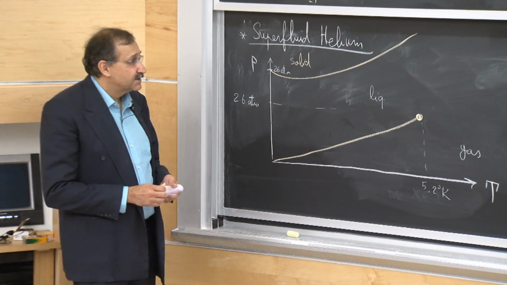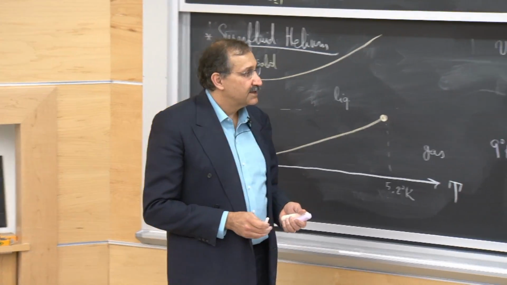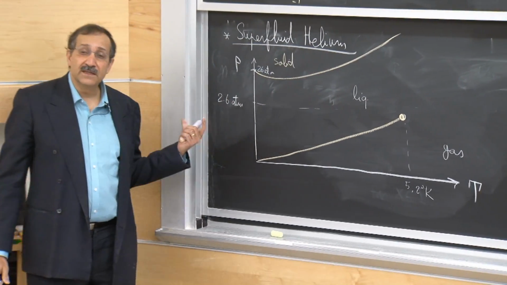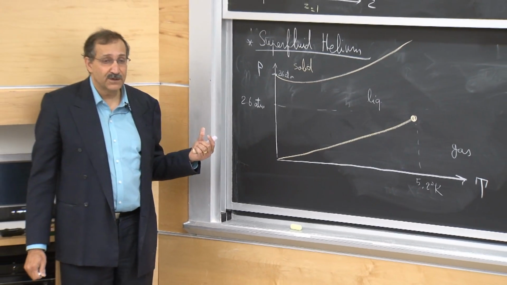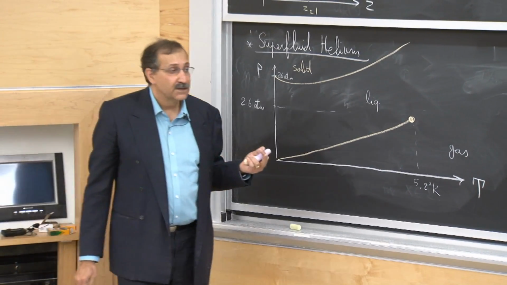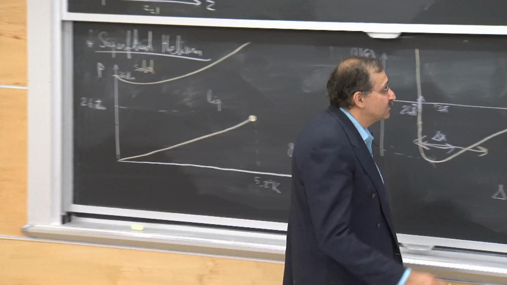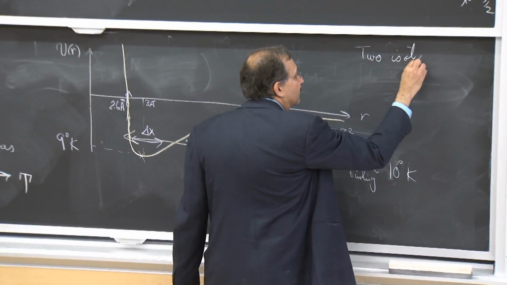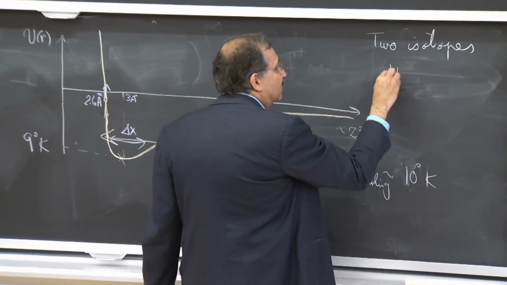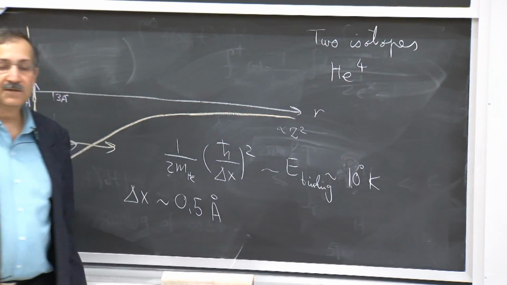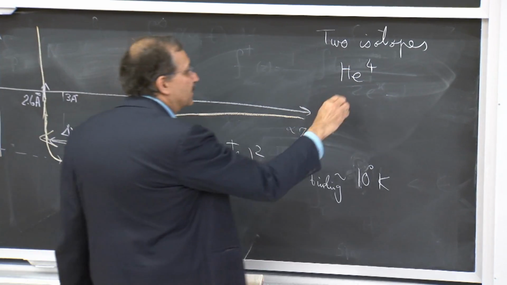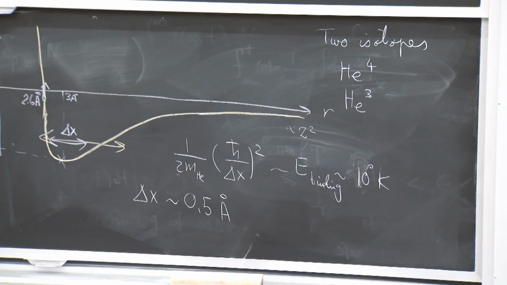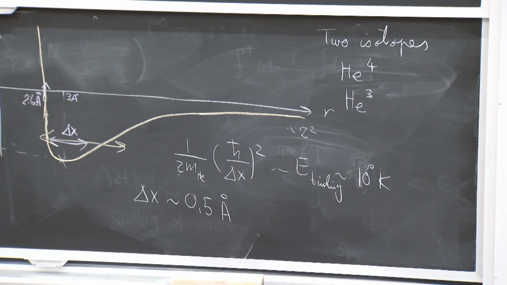And actually, it is interesting that helium provides us not only with one liquid that persists all the way to 0 temperature, but 2 liquids, because helium has 2 isotopes. There's helium-4, which is the abundant one, and there is helium-3, which is a much less available isotope.